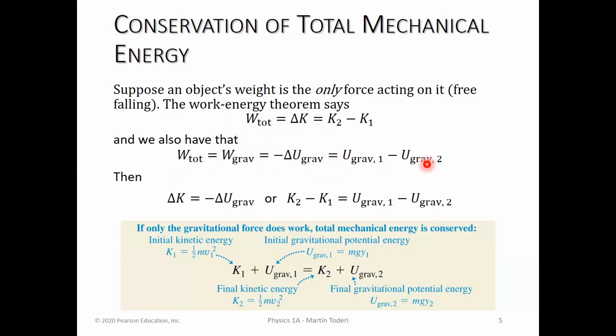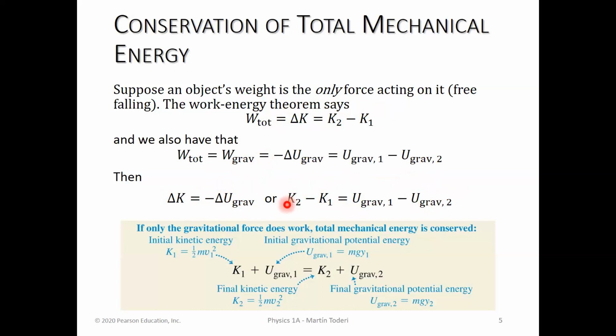So we know this is equal to the potential energy at point 1 minus the energy at point 2. And so we can say that delta K would be equal to minus delta gravitational potential energy. Okay, and then we can open those deltas, and we have this, right?